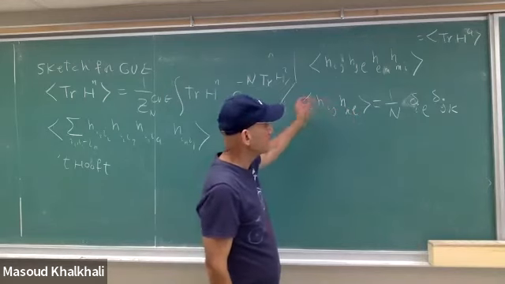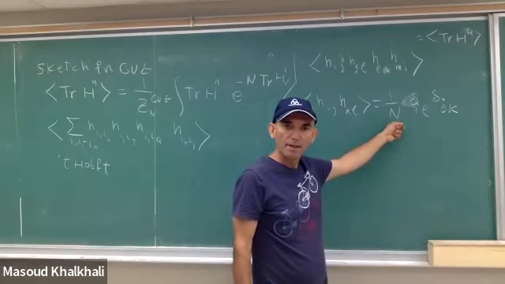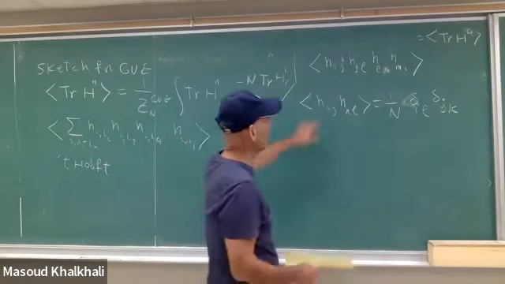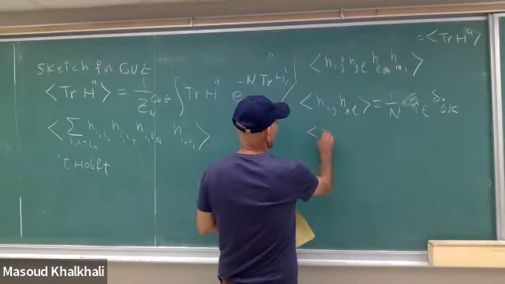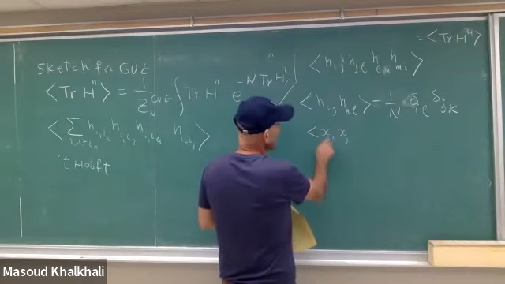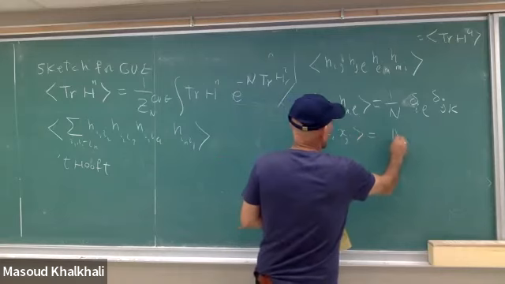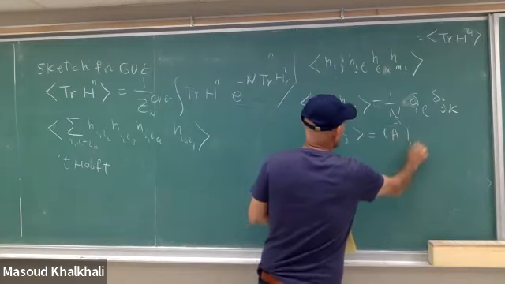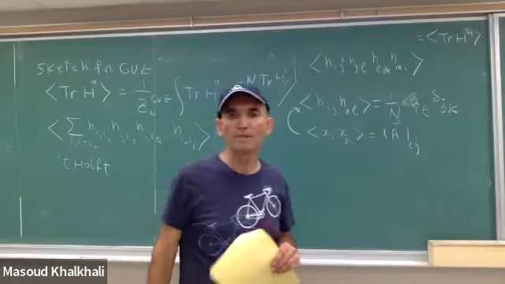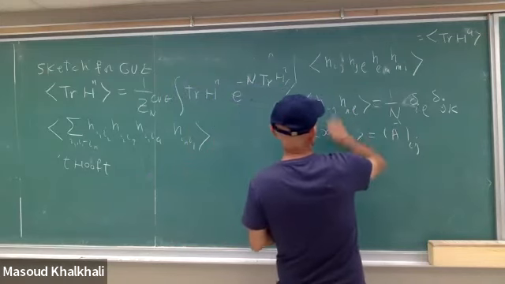Otherwise, it's 0. And when it is non-zero, it's 1 over n, because of the scaling that we did after. So this is like the analog of the result that we had. Remember, x_i x_j, using that result, but each x has a double index. That was like A inverse ij. This directly leads you to this result with a little bit of work. All right, so this is a general thing.